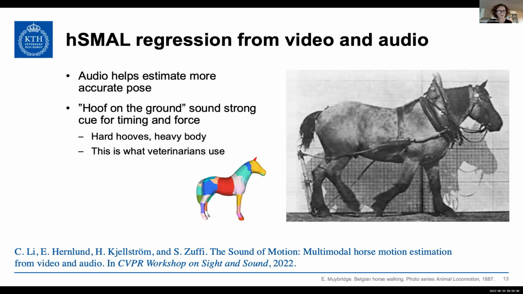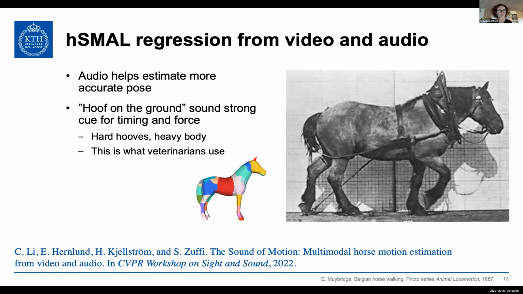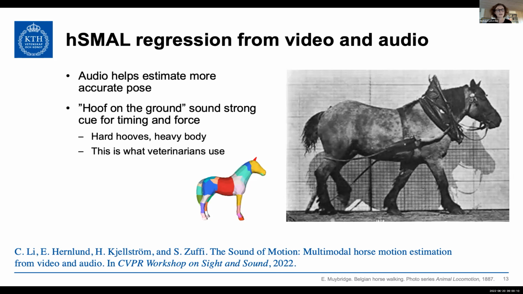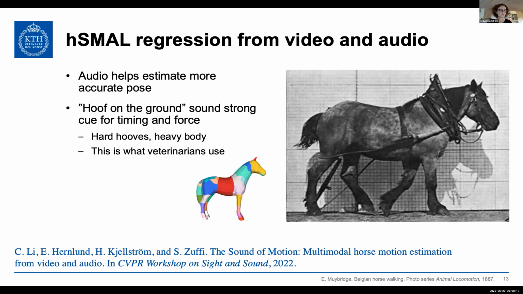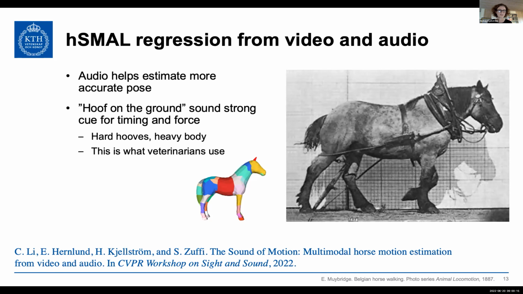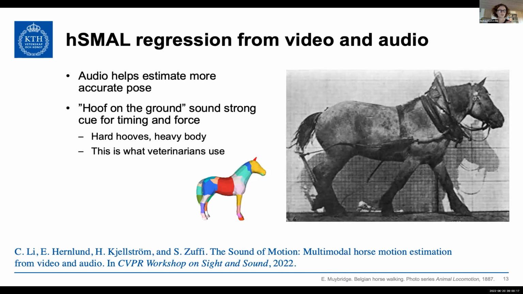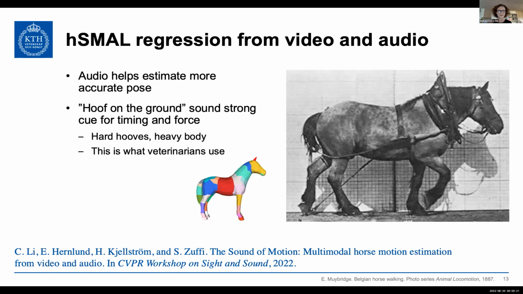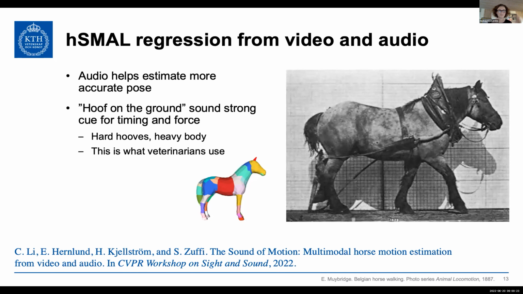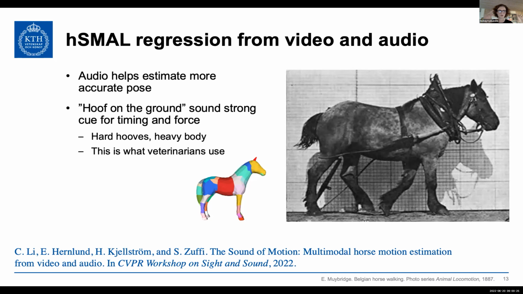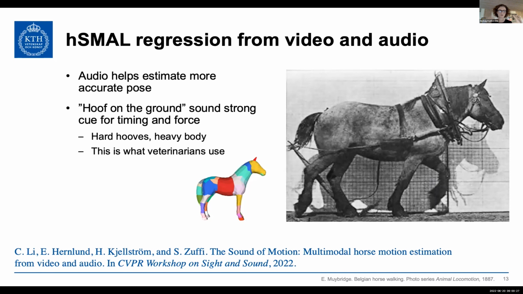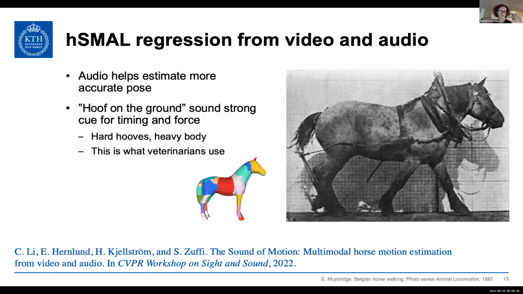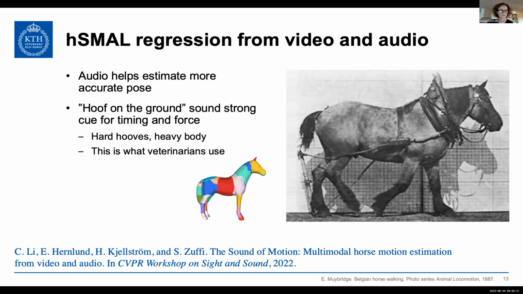Because the hoof on the ground sound is a really strong cue for timing of the foot on the ground, but also the force by which, so you could potentially also use, if you had a dynamic model with a spring mass model, then you could potentially also use the force information to do the reconstruction.